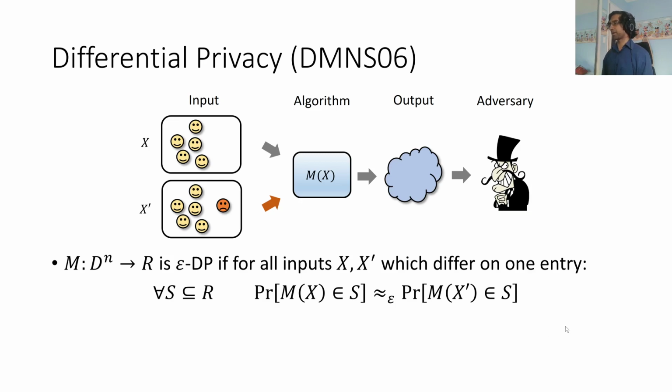So that's a little bit mathematical, but essentially what this says is that the probability distribution of outputs when X is fed in should be roughly the same as the probability distribution of M's outputs if X prime is fed in, where X and X prime differ on only one entry, and this holds for all possible inputs of this nature. So they have to have similar probability distributions of outputs.